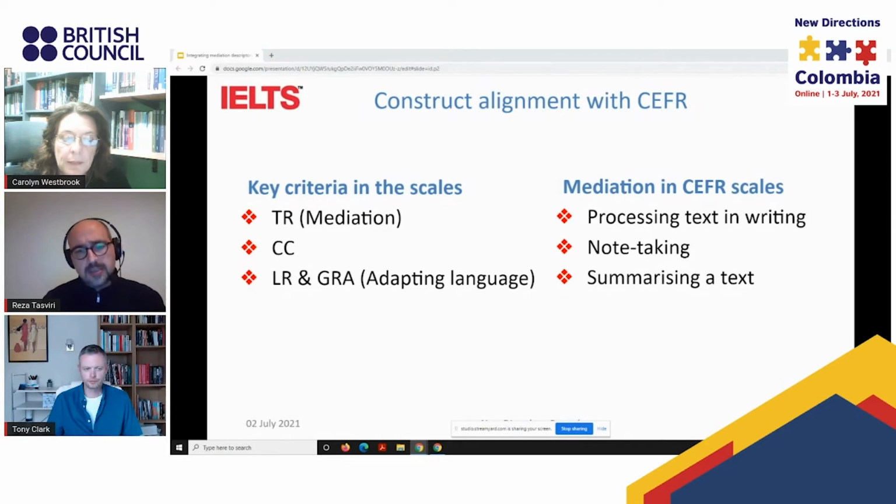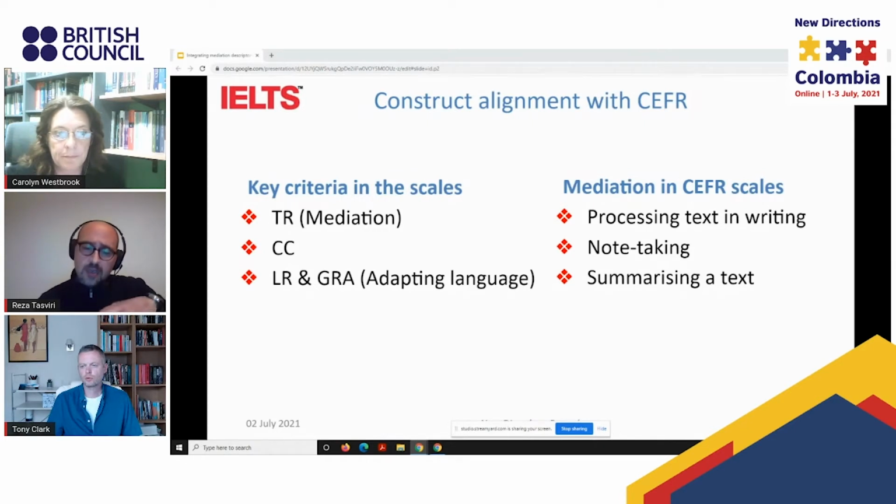The second criterion is coherence and cohesion, which looks at the structural and organizational aspects of performances. And then the 2 remaining criteria are tied with the use of language, and we use the indicator of adaptive language from the CEFR scales.